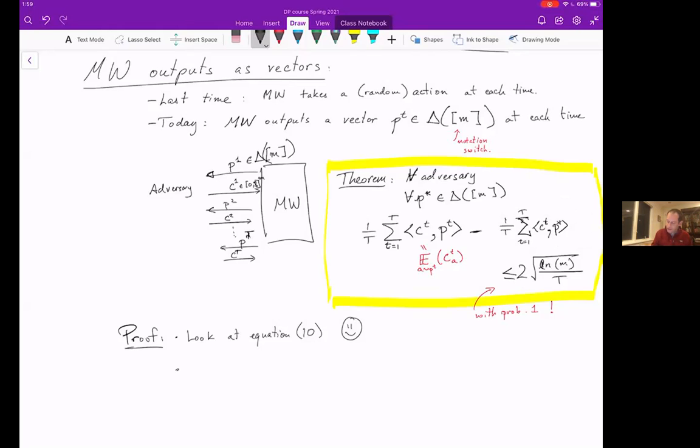And the reason that the p star doesn't really change anything is that if we look at this quantity, the sum from t equals 1 to T of c_t dot p star, the cost of p star, that cost is actually just the expectation over an action A chosen according to p star of the cost in hindsight of the action A. Okay, so that's just by linearity of expectation.